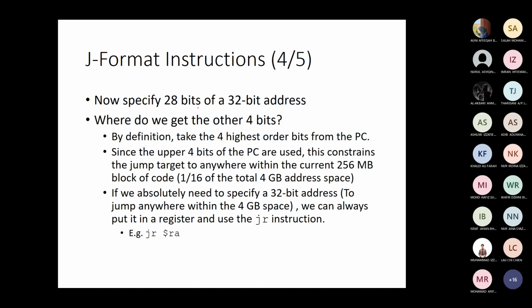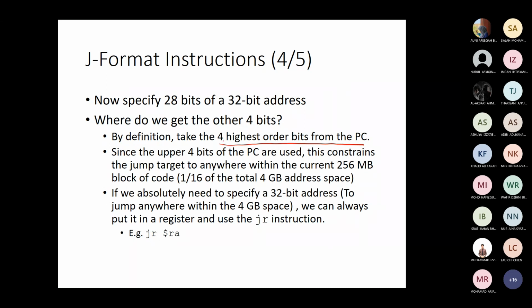Now we have specified 28 bits of a 32-bit address. Where do we get the other 4 bits? By definition, take the 4 highest order bits from the PC, the leftmost 4 bits.